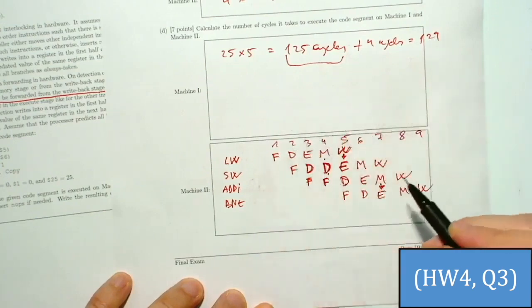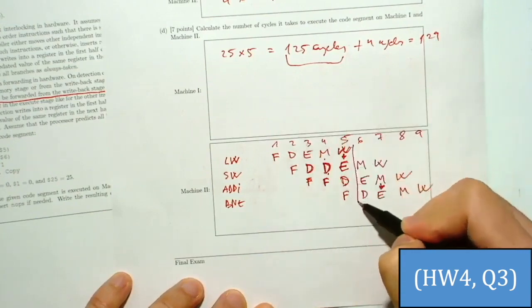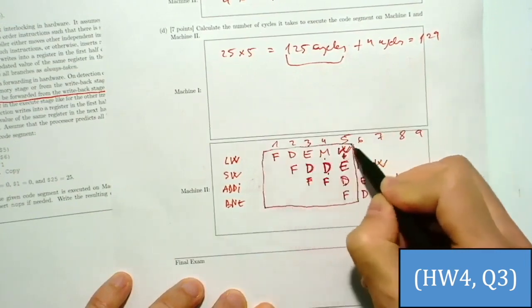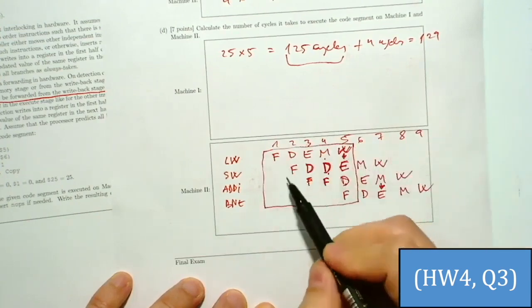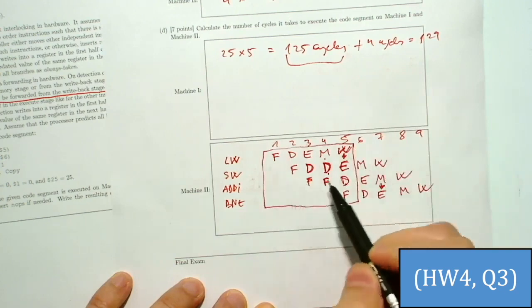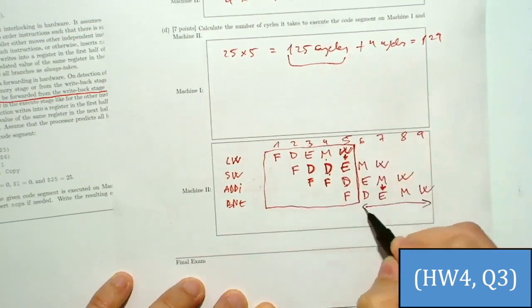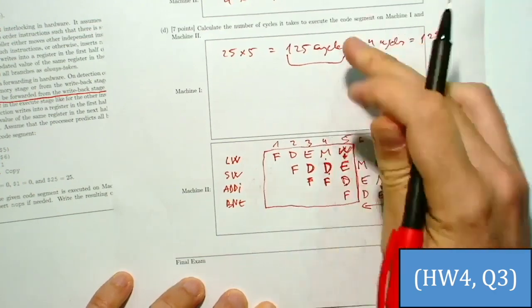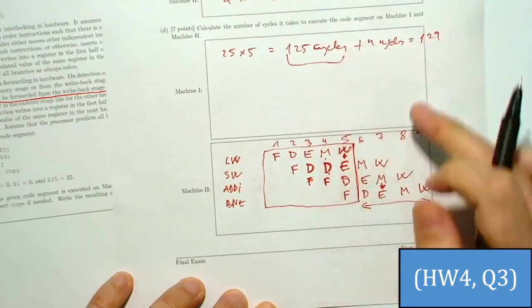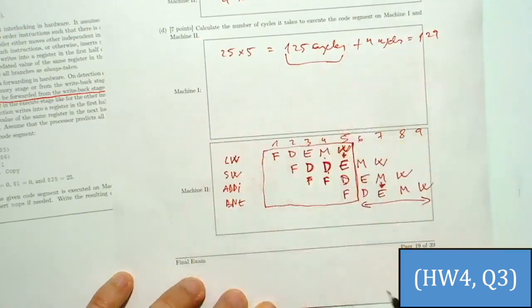So in each loop we need 5 cycles, and then in the final loop we need 4 additional cycles to finish the last instruction. So basically, it's the same number of cycles: machine 1 and machine 2 are executing the same number of cycles, 129.